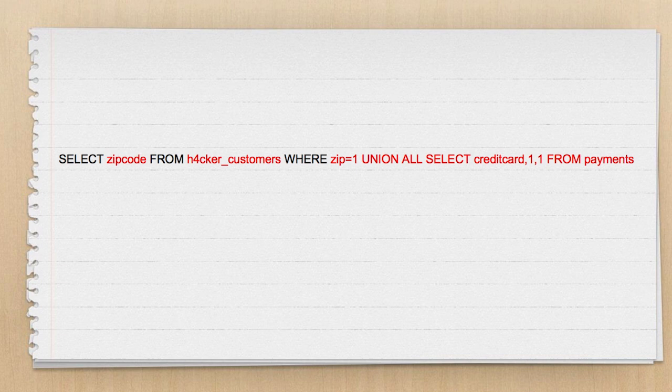Now, the way that you abuse the union operator in SQL injection attacks is to join a query. The main goal is to obtain the values of columns of other tables, right? And in that case, you can do things like this, right?